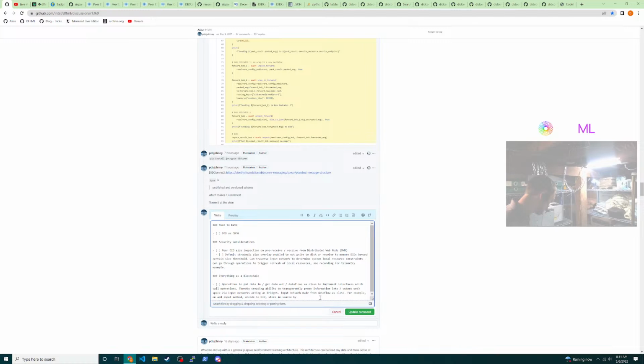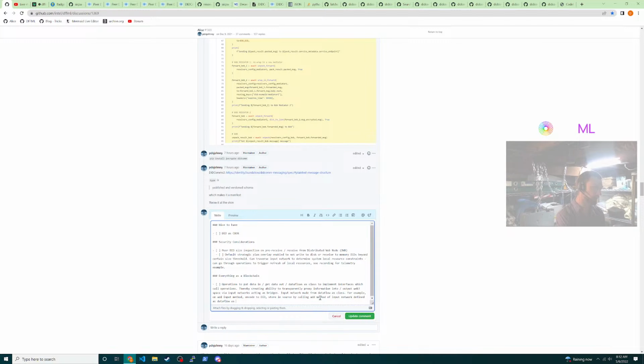Okay, and we had an input network to source, right? So when we added, basically we want to call over to the add method of input network, defined via data flow as class. For example, add input method encode to DID store in source by calling the add method of input network defined via data flow as class.